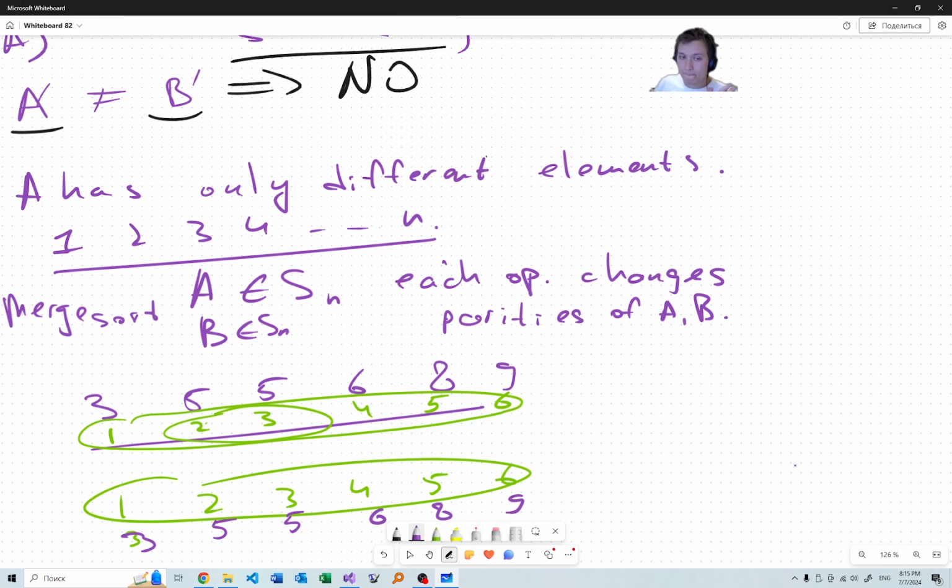Maybe some different labels are marked with the same number, but this same number is the same in A and B. So after we remove the labels and take the initial arrays, they will be equal. The other case is that the parities are different. So we got two permutations and they have different parities. For example, this is even and this is odd.